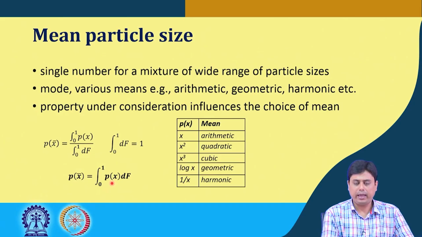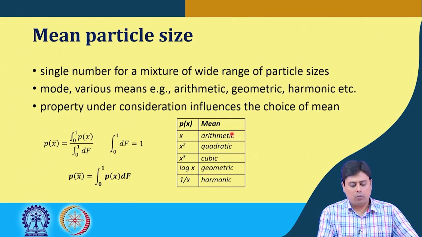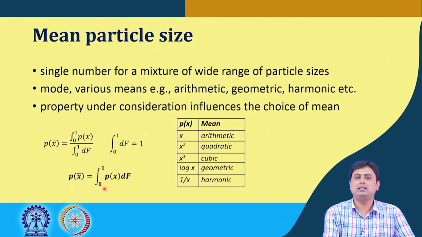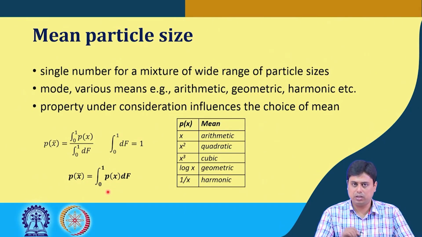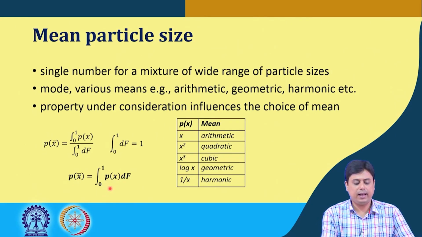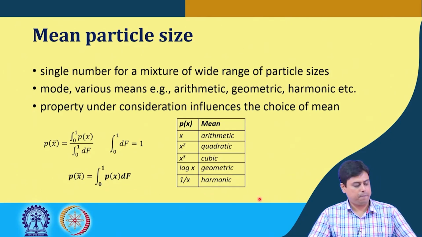If it is log x, it is the geometric mean, and if it is 1 by x, it is called the harmonic mean. So, we can understand that there can be several means for a particular function. This function is nothing but the size distribution curve. That size distribution curve can be represented by a function such as p(x). Once we feed that with the proper value, we get an appropriate mean value.